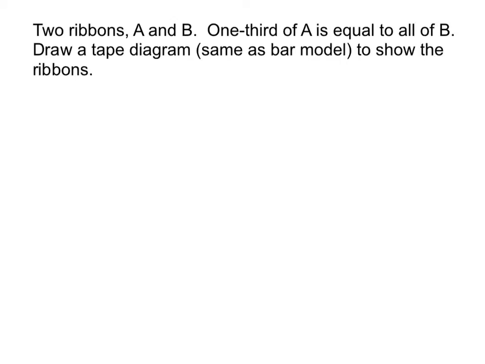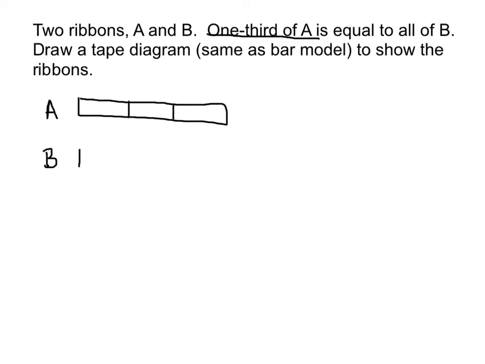So 1/3 of A is equal to all of B. So if I have A and I have B, 1/3 of A, so I'll do A and I'll cut it into thirds, is equal to all of B. That wasn't so bad, was it? All right, we're gonna have more fun though than that. We're gonna get a little more complicated.